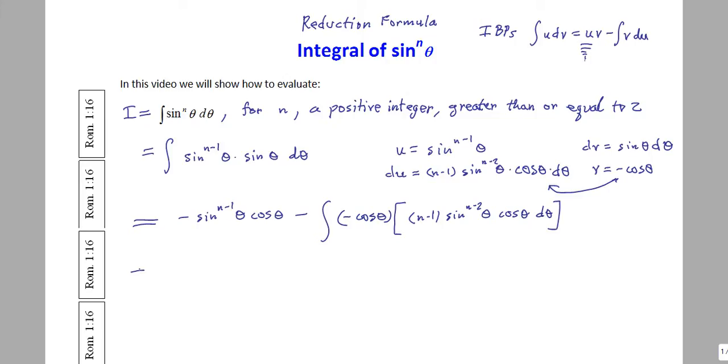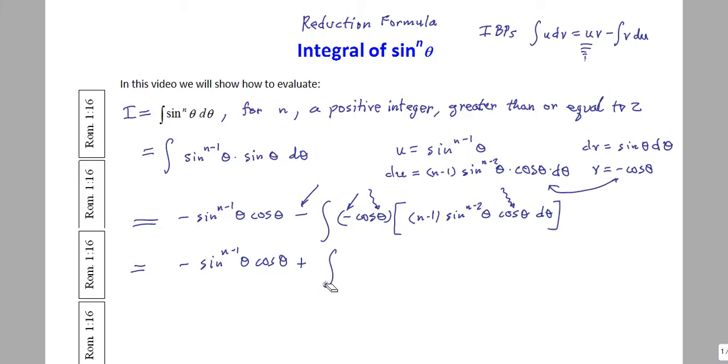And then we get minus sine to the n minus 1 power theta cos theta, minus times minus is a plus, integral, cos times a cos is a cos squared.